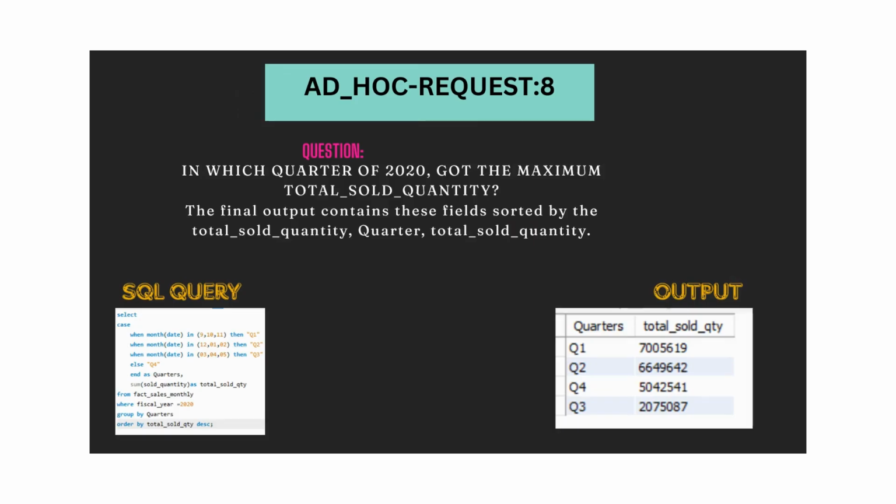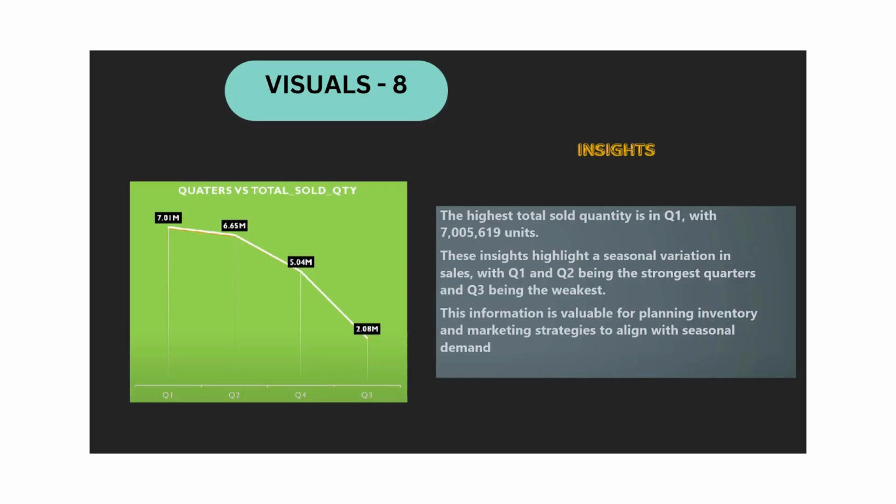And the question here: in which quarter of 2020 got the maximum total sold quantity? The final output contains these fields, sorted by total sold quantity: quarter and total sold quantity. So I have just run a case statement here, and the output we got: quarter 1, quarter 2, quarter 3, quarter 4. Let me explain about the visualization.